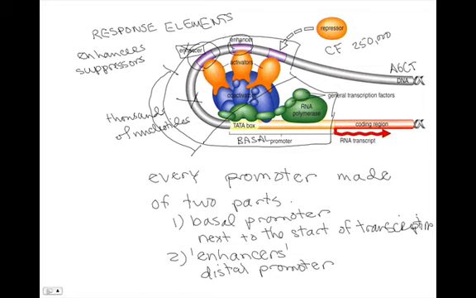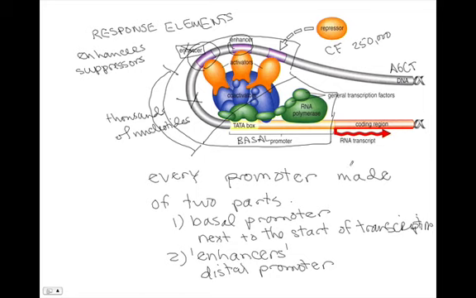Again, we're still talking about the DNA. So for example, the insulin gene has the same response elements in every cell type. Okay, we'll find out that response elements are a really important part of the gene, but in the case of genes, they're always the same in every cell type.